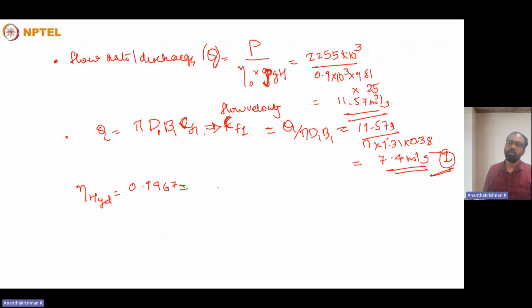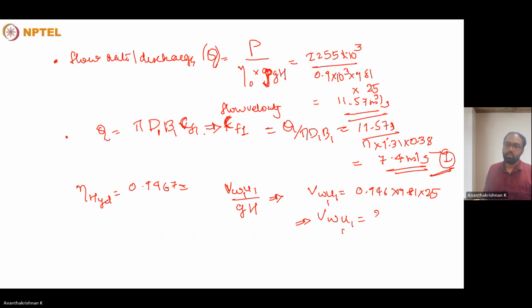So that is equal to the power produced by the turbine divided by g into H. From this one, we can have a relationship between Vw1 and U1. Vw1 U1 is equal to 0.9467 into g into H. That gives Vw1 U1 is equal to 232.195. Mark it by equation 2.